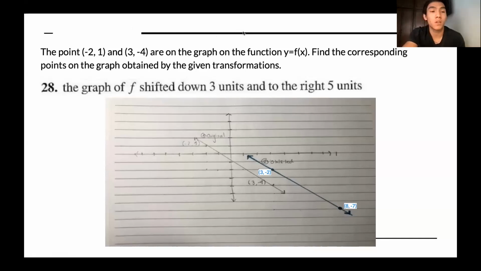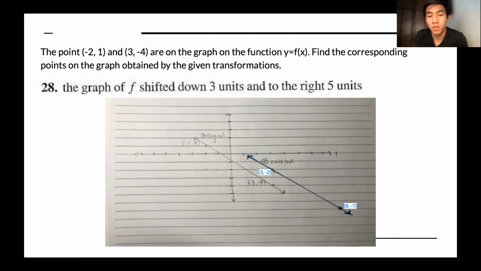Find the corresponding points on the graph obtained by the given transformations. Then the graph of f shifted down 3 units and to the right 5 units. So here we have the first point, -2, 1, and here's the original line, and the 3 and -4. Yes, we shifted down 3: 1, 2, 3, and then 5 to the right: 1, 2, 3, 4, 5.